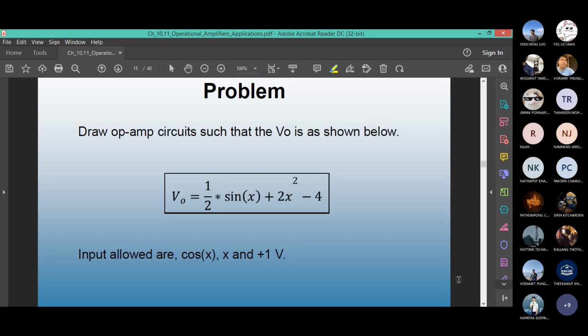And finally, for plus 1 volt, you have to change it to minus 4. How can you change it to minus 4? You can directly put the 1 volt input with a resistor, and then on the final summing stage you can take a resistor 4 times the input resistor.